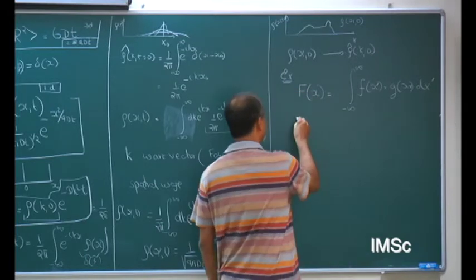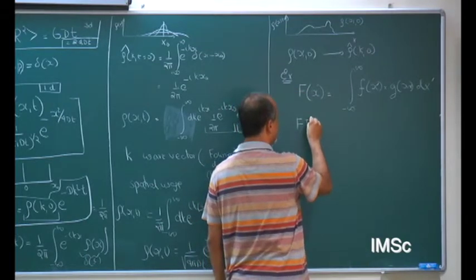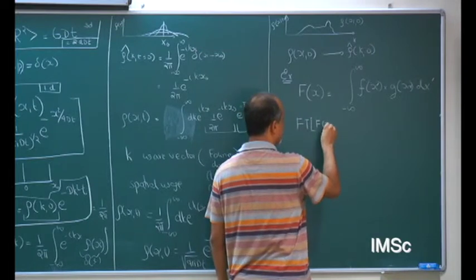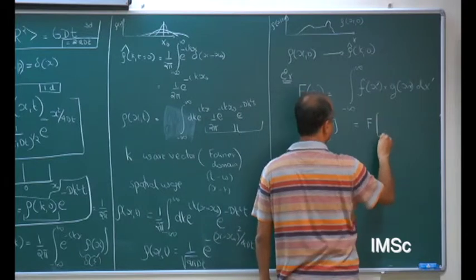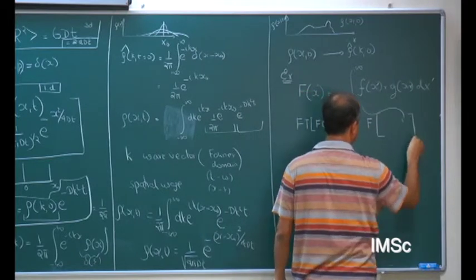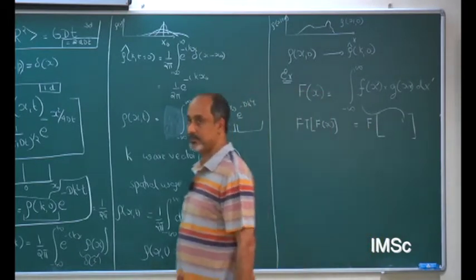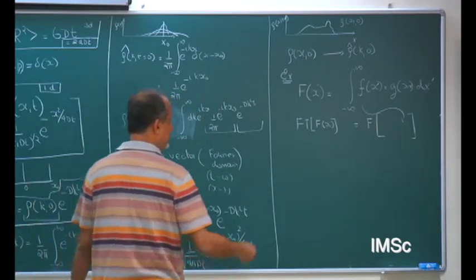So let us say we want to take the Fourier transform of this quantity F of x, and we also want to take the Fourier transform of this quantity that is inside this integral here. So let's just do that.